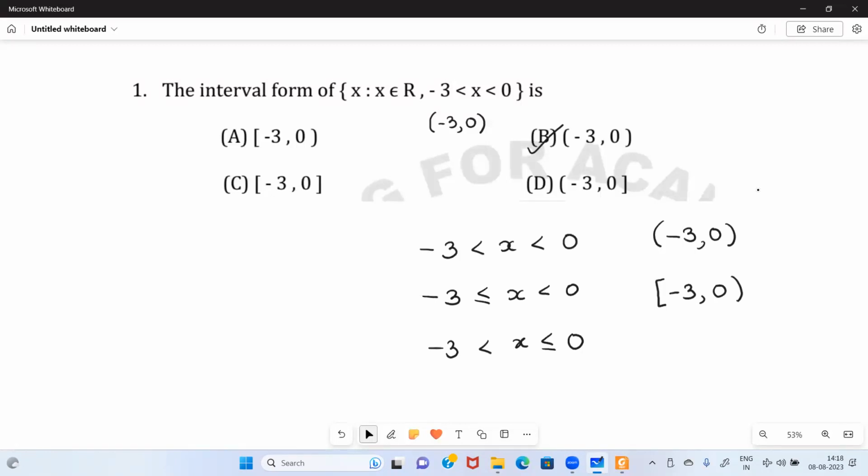If this was the question, it means -3 is not included. So open interval here, but 0 is included. So I'll place a closed interval here. Suppose it is -3 less than or equal to x less than or equal to 0, then all values between -3 and 0, including -3 and 0. Hope it is clear to you, students. Okay, we'll move on to the next question.